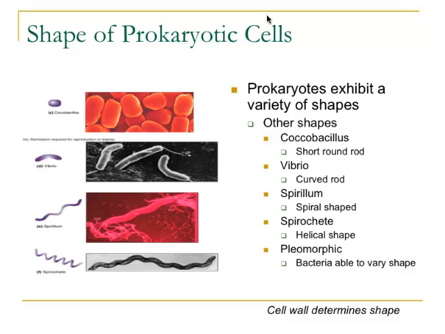It looks like a very short rod, and it's a little hard to distinguish under the microscope unless you have really powerful magnification like an electron microscope, but it may appear as cocci when you look at it under the compound microscope like we're using in lab. Vibrio, as I mentioned, is a rod, but it has a curve in it.